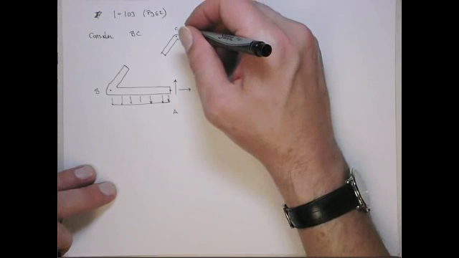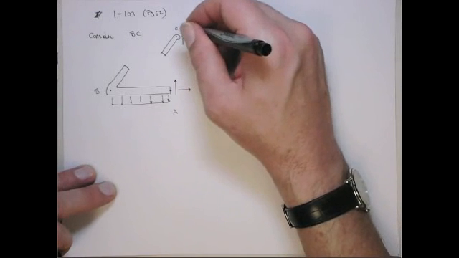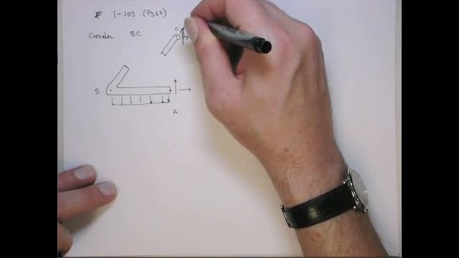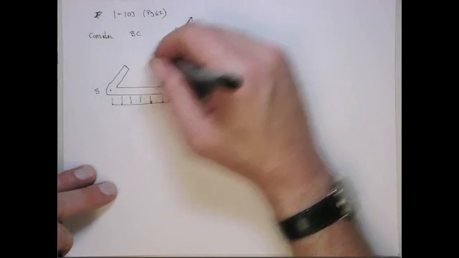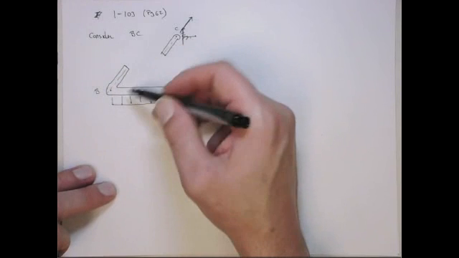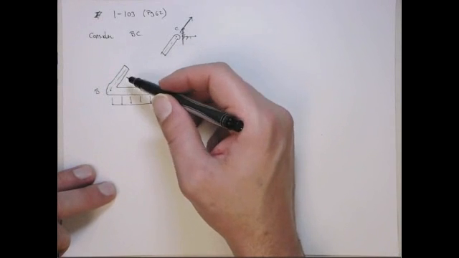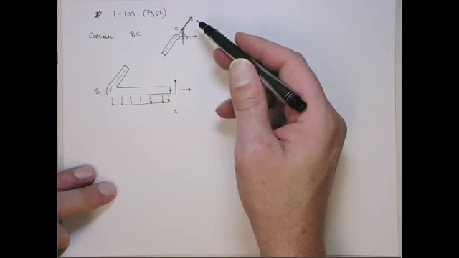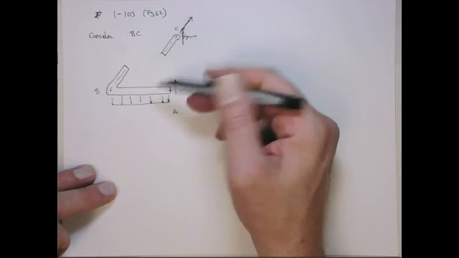So the reaction force actually is not like this. You actually know the reaction force acts along the line BC. Okay? So it's pinned to both sides, and there's no other loads in the element. So the reaction forces have to be along the line BC. Okay?